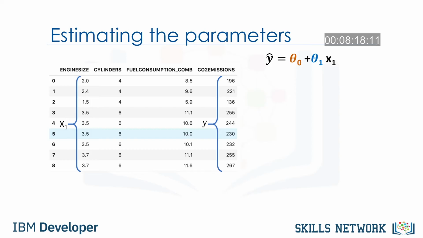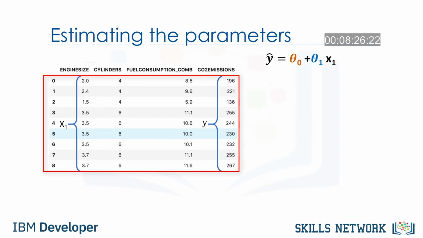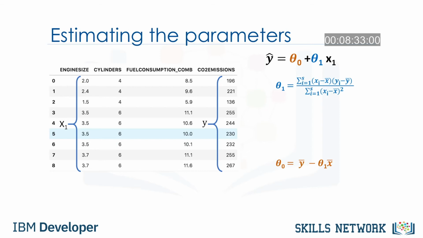It requires that we calculate the mean of the independent and dependent, or target columns, from the dataset. Notice that all of the data must be available to traverse and calculate the parameters. It can be shown that the intercept and slope can be calculated using these equations.